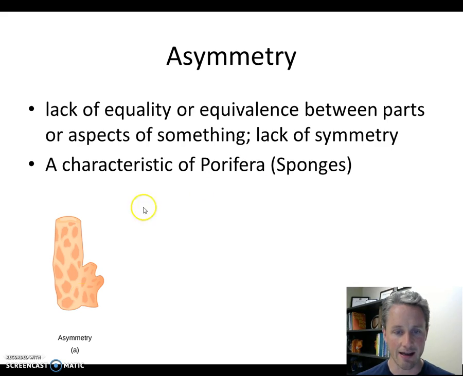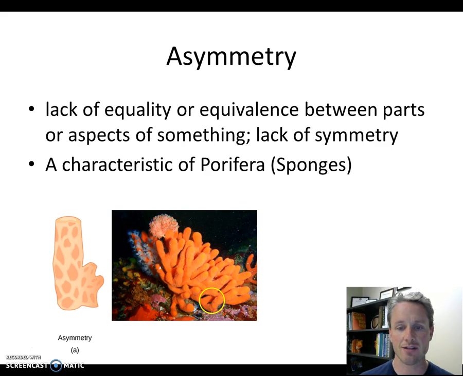So if we look at a cartoon of a sponge, there's no way we can divide that organism into 2 equal pieces that are mirror images of one another. And it's that trait, not being able to divide it into 2 pieces that are mirror images of one another, that makes it asymmetric. So sponges, again, are the example of animals that exhibit asymmetry.